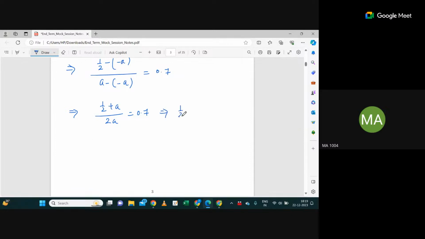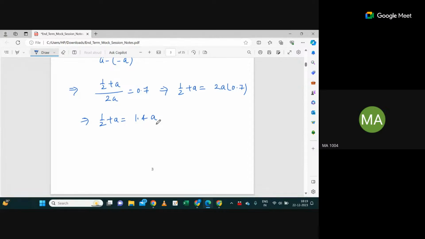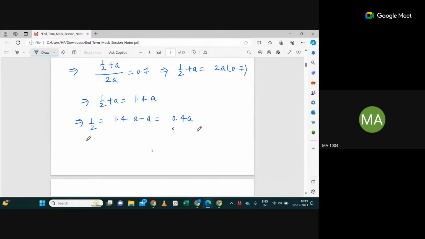So it will be half plus a equal to 2a times 0.7, which is 1.4 times a, right? So now half equals 1.4a minus a, which is 0.4a, right? So this is 0.5 equal to 0.4a.